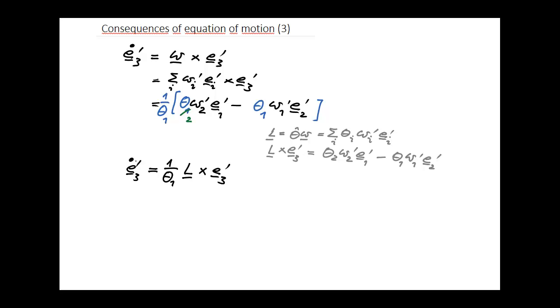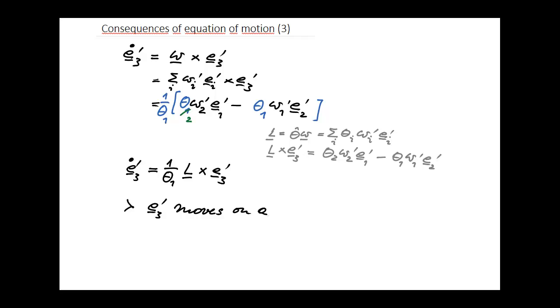The angular momentum is constant in time. Also the eigenvalue of theta 1 is constant in time. So it's a motion around the constant angular momentum, and as before we can conclude that e3 prime moves on a cone.